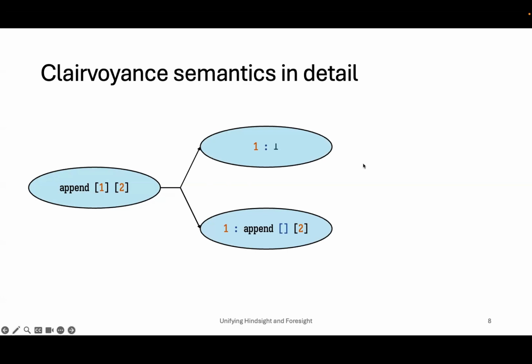And the universe is going to split when I try to do that. In one case, I'm going to evaluate the recursive call, which I've represented here. In the other case, I'm going to simply throw it away. This bottom value here represents a computation that's been thrown away. I'm just simply going to ignore it. I'm not going to use it.